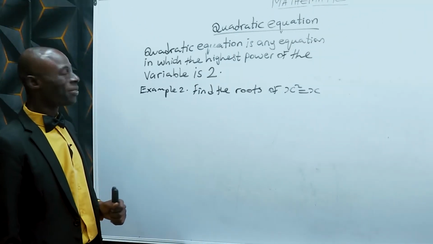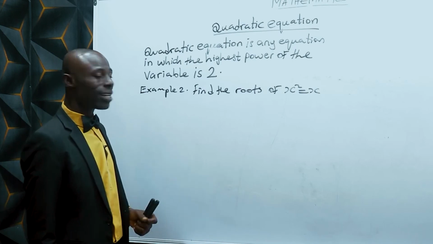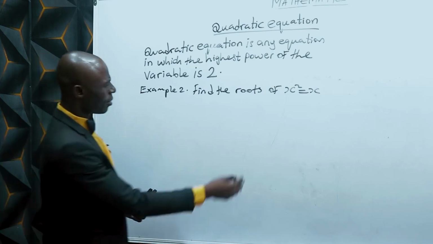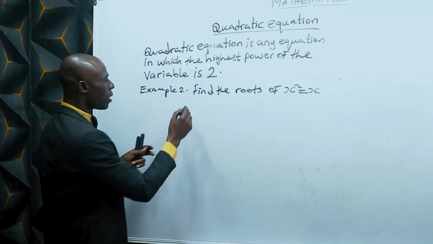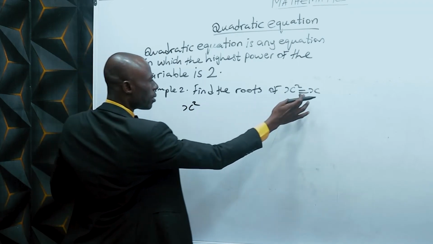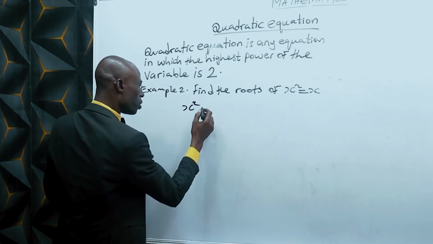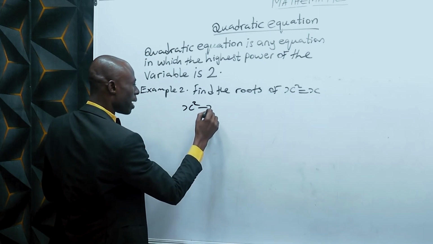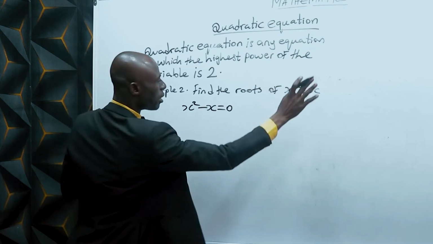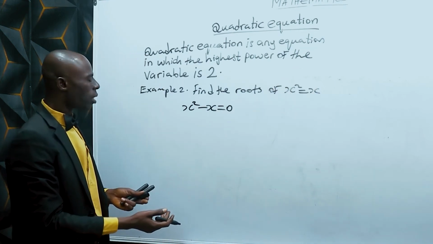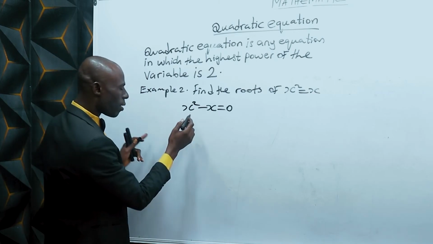Example 2. Find the roots of x squared equals x. When you see something like this, bring them together to one side. So you have x squared. This positive x on this side, bring it to the other side, making it become minus x equals 0. Since nothing is left there, 0 is there. How do we solve this?